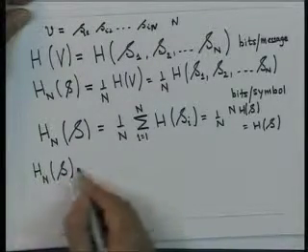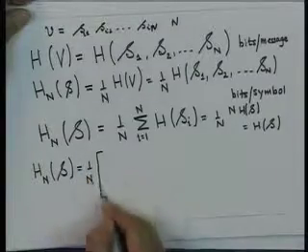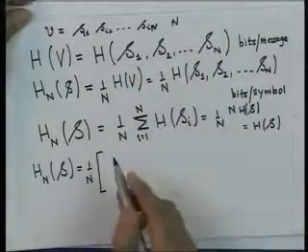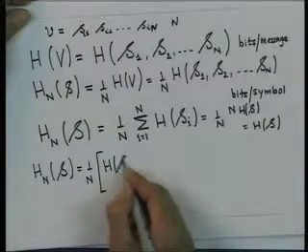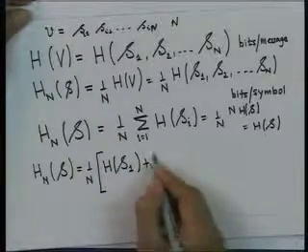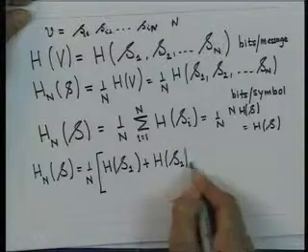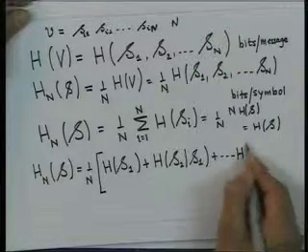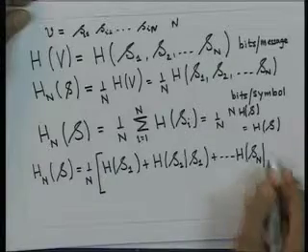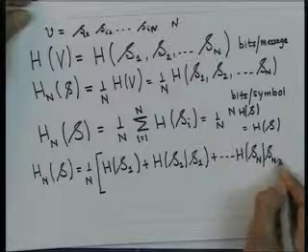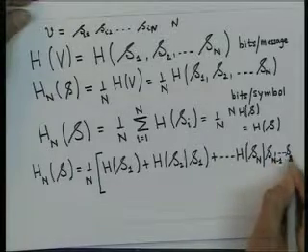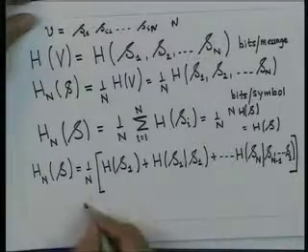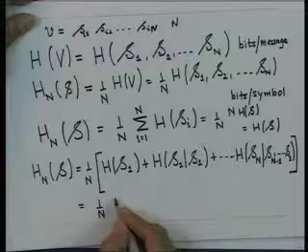I can say that H_N(S) is equal to 1 by N, and this information out here, the joint information in N symbols, can be written as H(S1) plus H of S2 given S1 plus up to H of SN given SN minus 1 up to S1, and this is equal to 1 upon N times the sum.